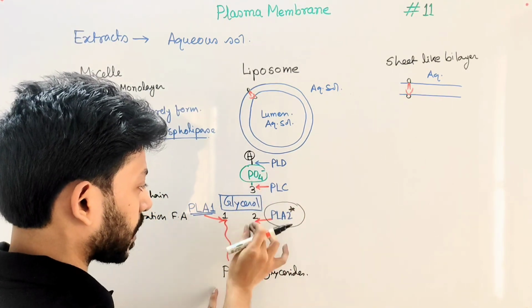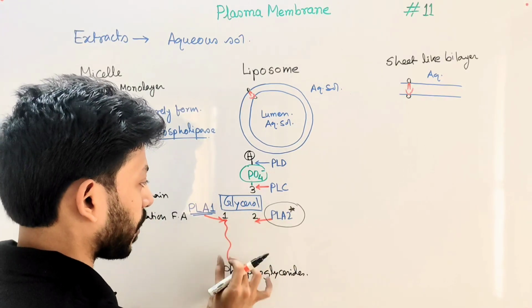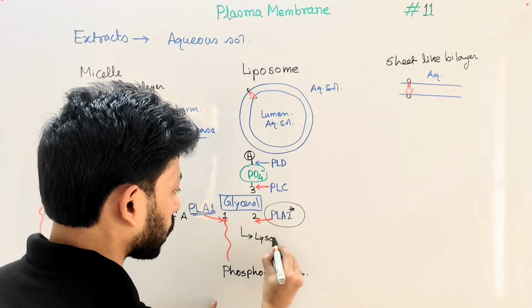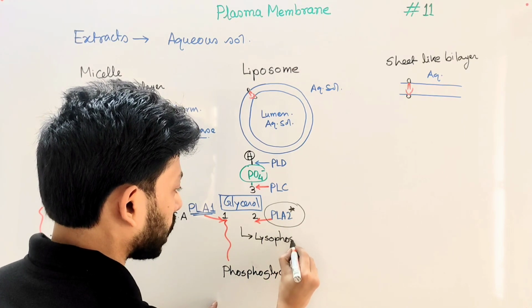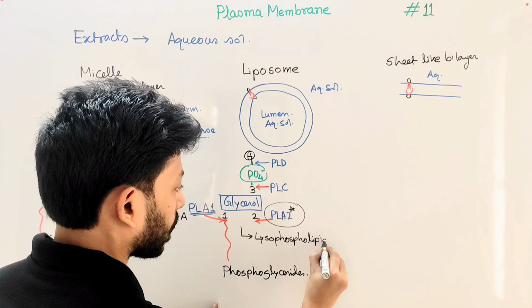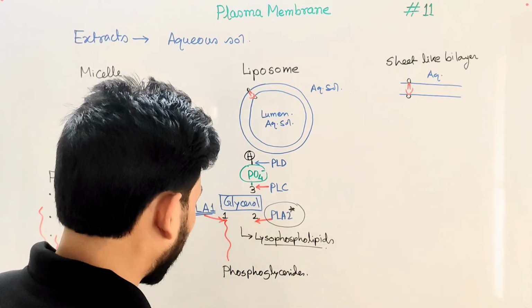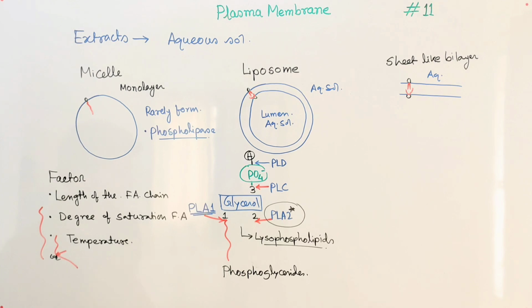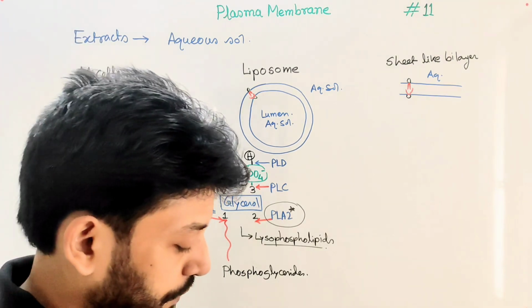At first phosphoglyceride contains two fatty acids, now it has only one fatty acid. This type of structure is called lysophospholipid. Now lysophospholipids can be accommodated in micelles and can form micelles. So this is all about micelle structure.